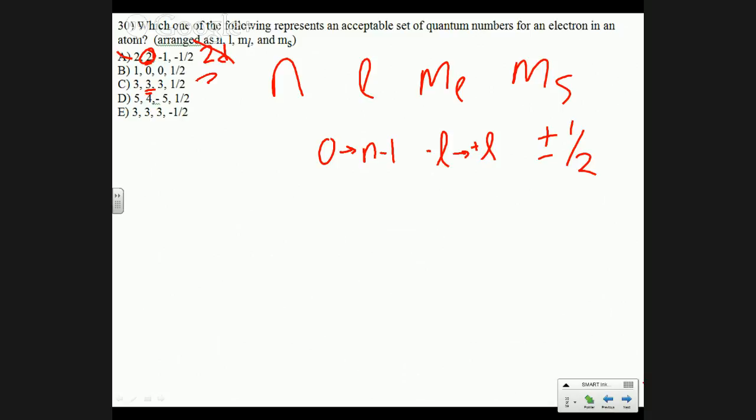With C, you're saying you're in the 3F sublevel, where 0 is S, 1 is P, 2 is D, and 3 is F, which doesn't exist at that level. For D, we can't have a negative 5 for our ML if our L is only 4, so that's not possible. And E, we can't have the 3, F sublevel, so that's not possible. Choice B is the only one that is possible.